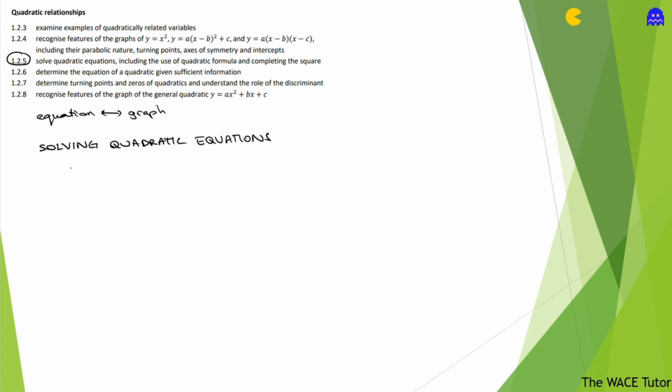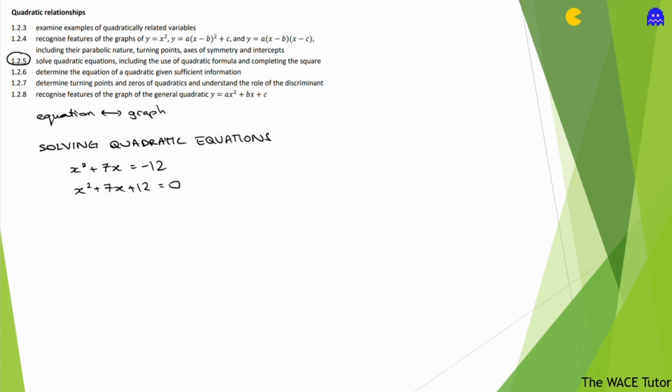So let's say, for example, we have an equation like x squared plus 7x equals negative 12. Okay? What we generally want to do, the first step when we're solving a quadratic equation, is to have one side of this equation be equal to 0. And the easiest way we can do that is by bringing the 12 over to the left-hand side, or adding 12 to both sides. So x squared plus 7x plus 12 equals 0.